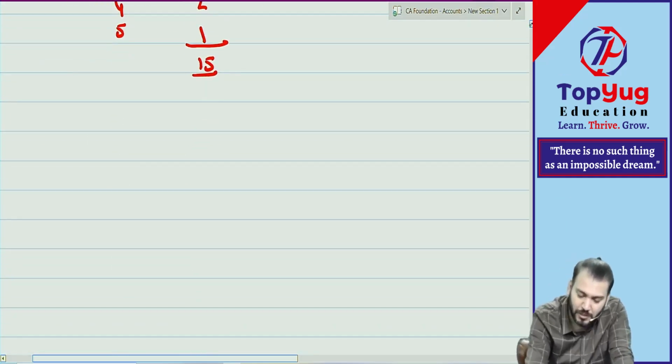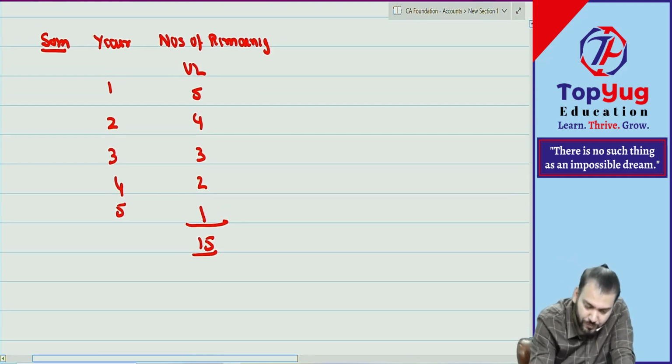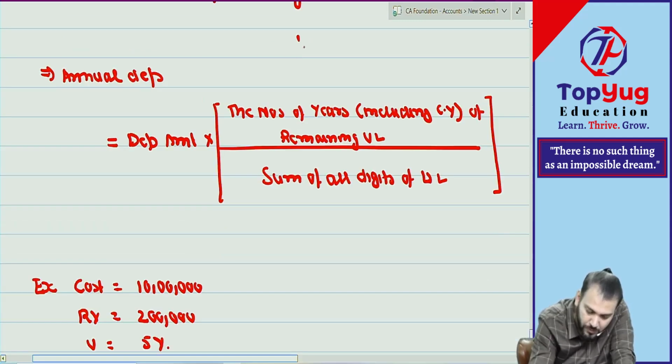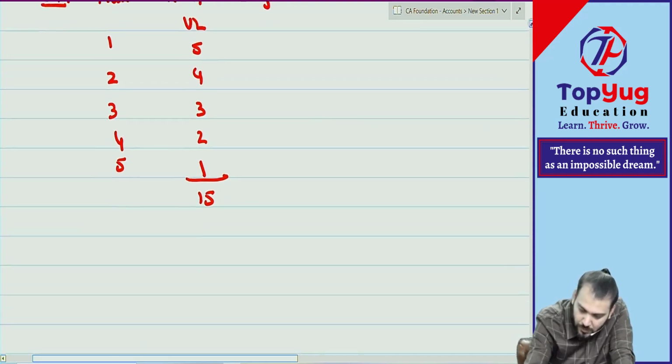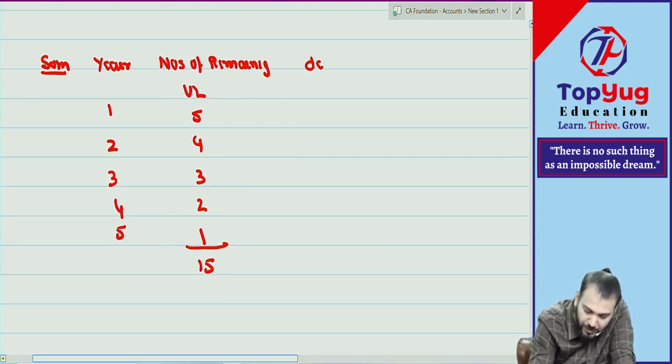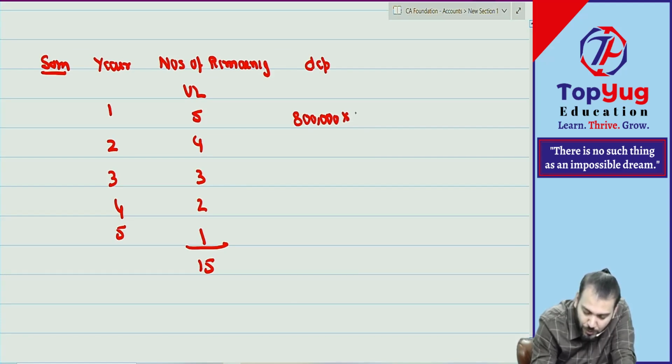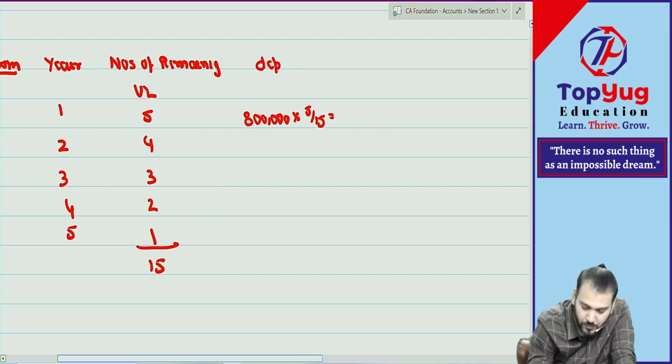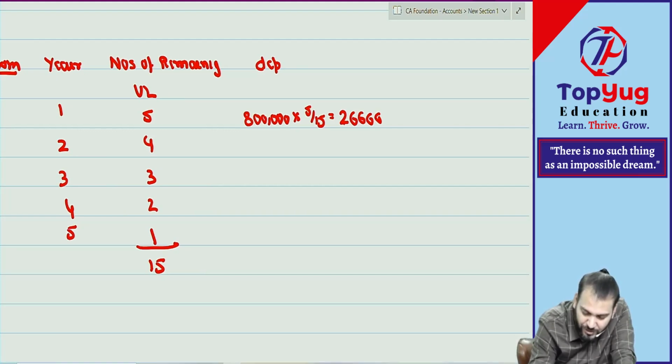Tell me, what will be the answer? Depreciation. First year depreciation will be what? What is the depreciable amount? 8 lakh into 5 by 15 is equal to 2,66,667.